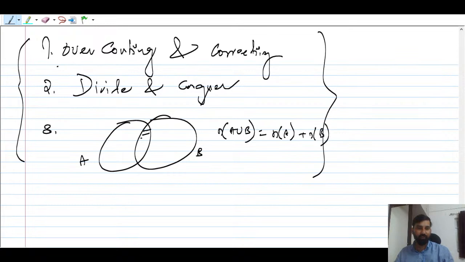Because you have counted the common part twice. So you have to subtract it from here. I think this is clear.